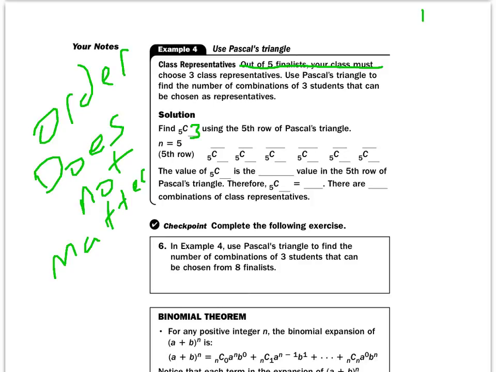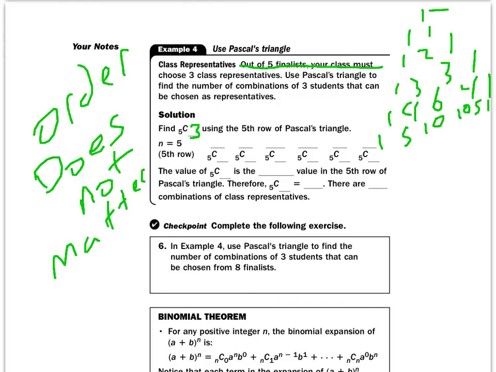So remember what the rows were. 1; 1, 1; 1, 2, 1; 1, 3, 3, 1; 1, 4, 6, 4, 1; 1, 5, 10, 10, 5, 1. All right? This is the 0 row. 1, 2. So the third row right here, fourth row, and right here is my fifth row. Okay?